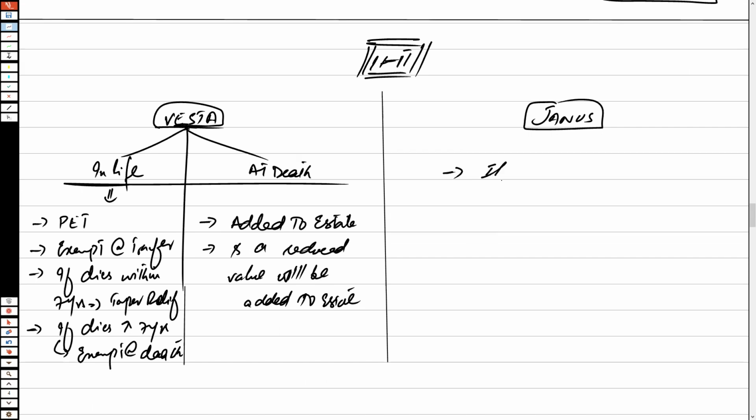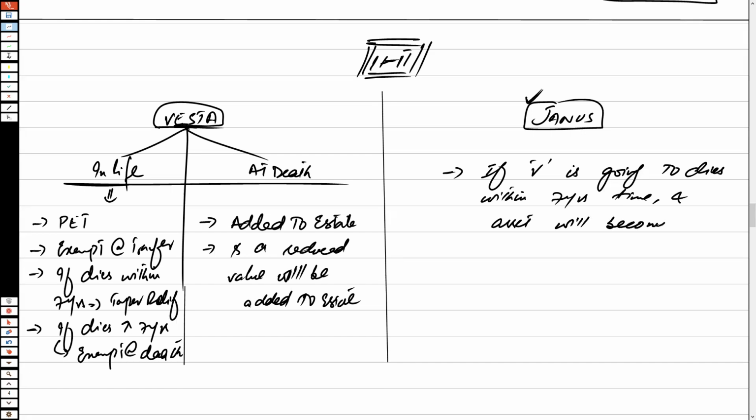But if Vesta is going to die, we are talking about the implications for Janice. Vesta is the transferor. If the transferor is going to die within 7 years, and the asset becomes taxable, now the asset is held by Janice, and this asset will become taxable, but fall in value relief is available.